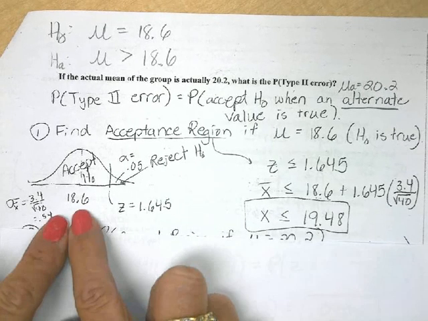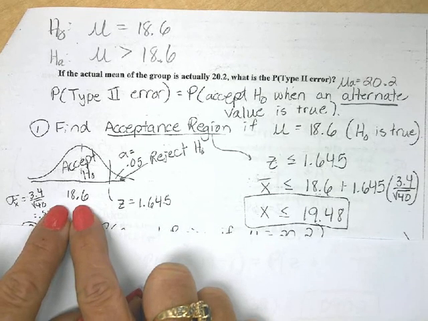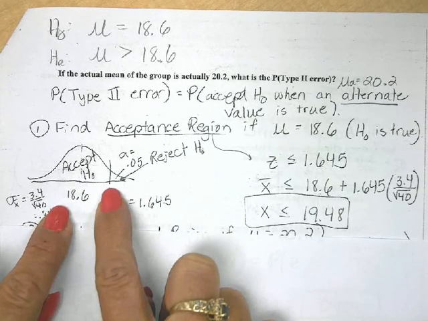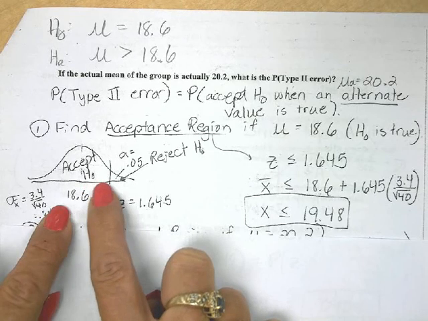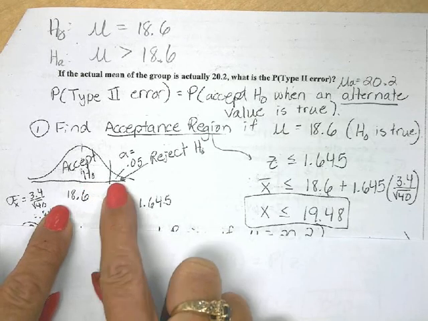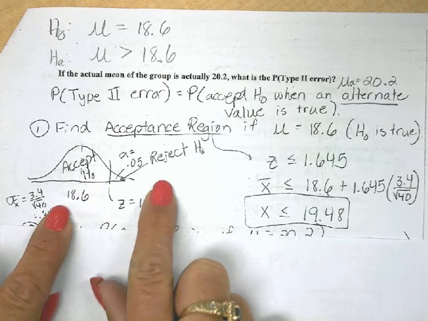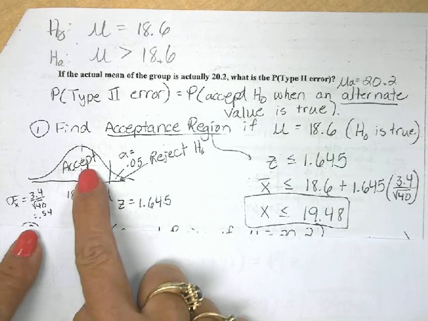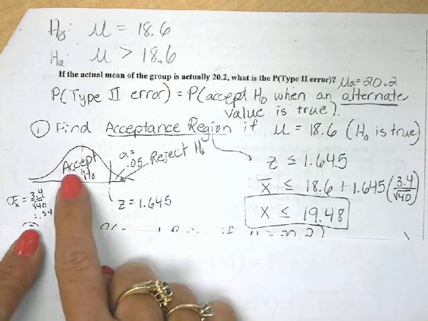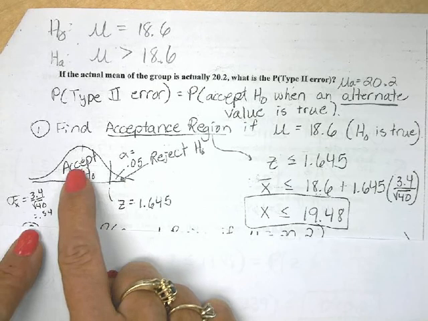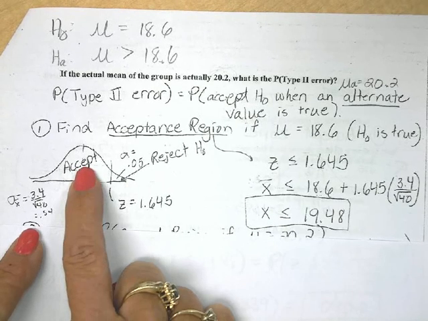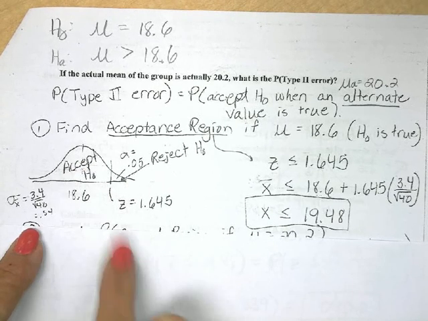So we first of all have to find when we would reject the null and when we would accept the null. We're assuming 18.6 here is in the center, and we know that there comes a point when an X bar gets high enough that it causes us to reject the null. Alternately, down here we either say we don't reject the null, or some texts will say accept, but we have to be careful about saying just accept. We're not rejecting, really, when we're here.